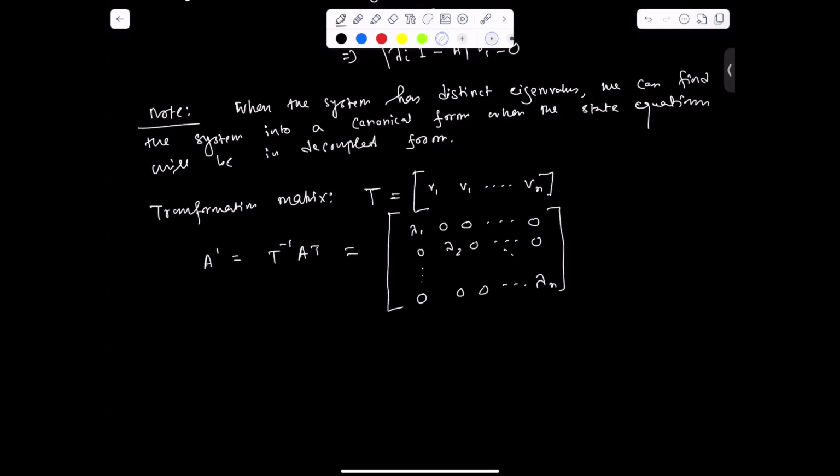So in the diagonal, we'll have the eigenvalues. This is how we can find the decoupled form of the system.